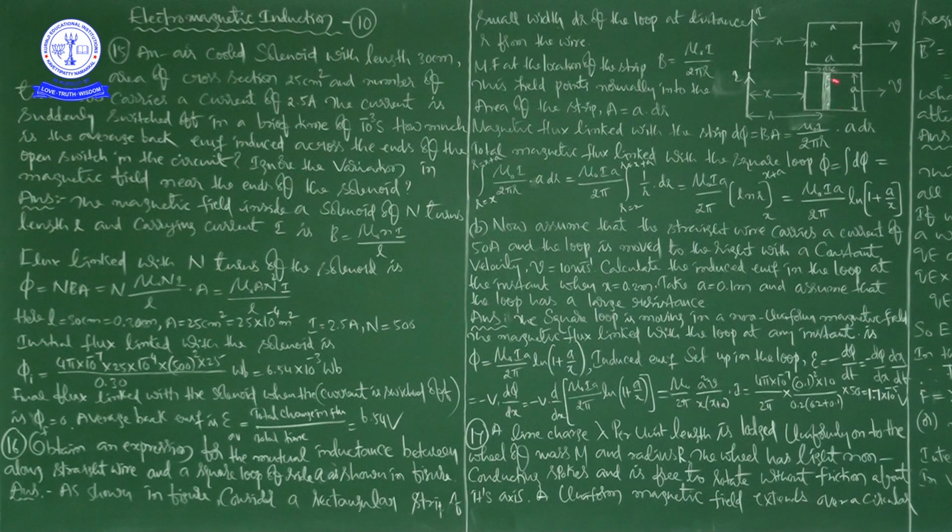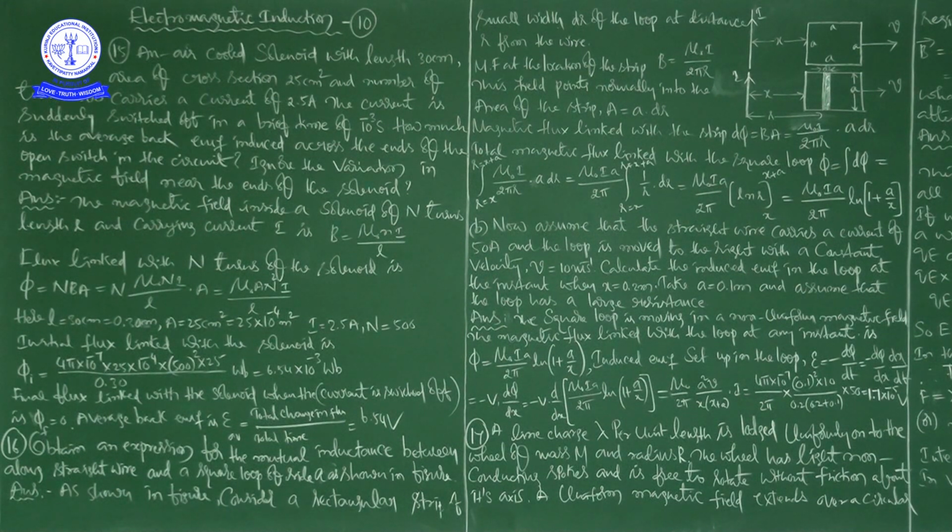The area of the strip dA is equal to small a into dr. Now, the magnetic flux linked with the strip, d phi, is equal to B into dA, that is mu naught I by 2 pi r into a dr.